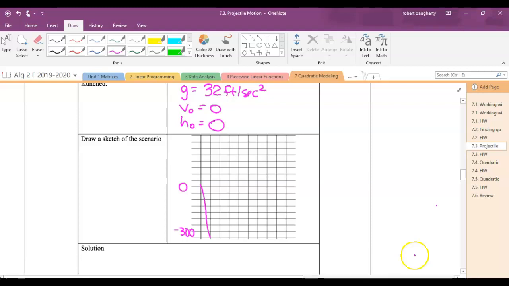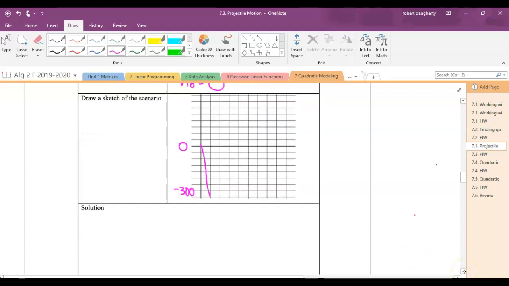So the problem is, when does h of t equal negative 300? I'm going to have negative 1/2 times 32 t squared. The next term with initial velocity is 0. Initial height is 0. Equal negative 300.